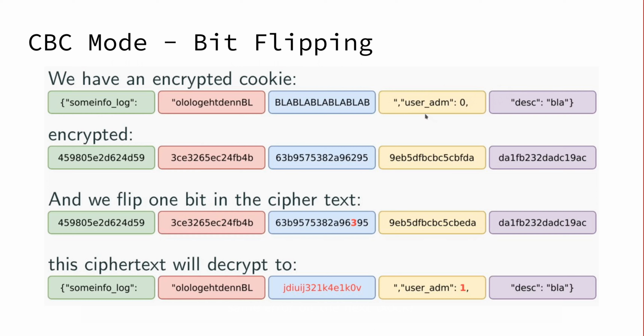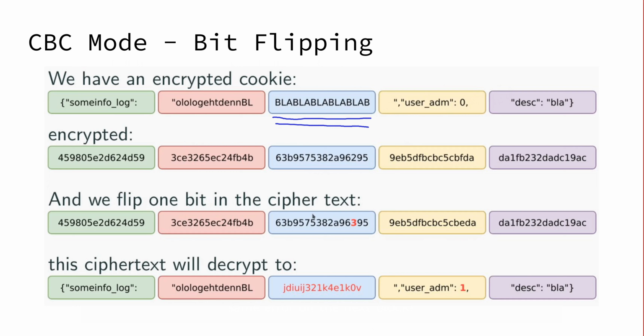So what we could do is we choose this log information, which is unimportant, that we control as a user, to be almost 2 blocks long. So now this block here is actually unimportant for us.